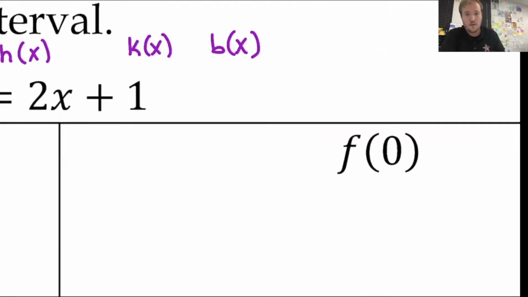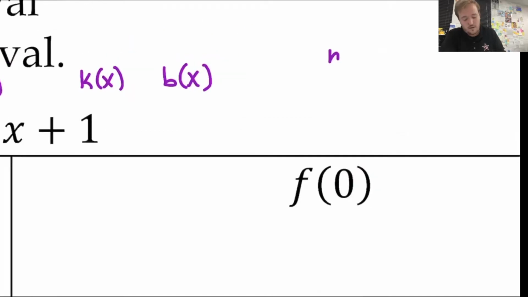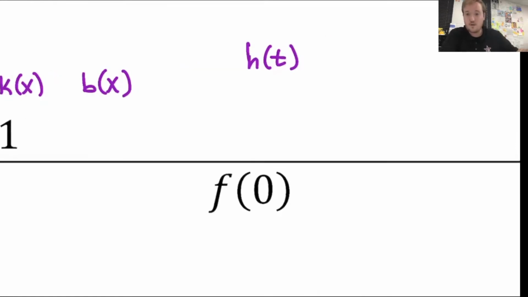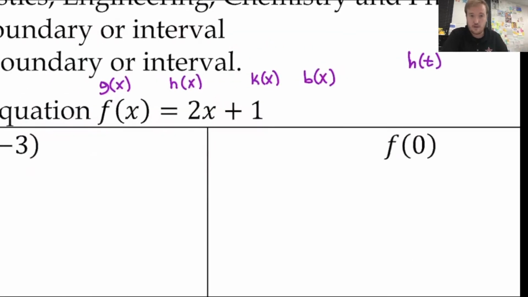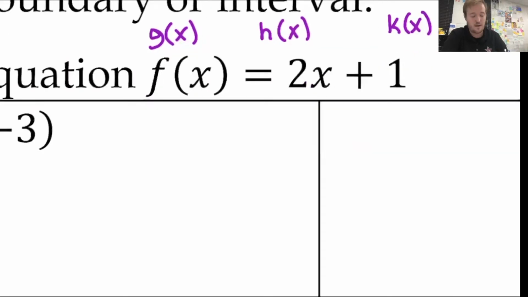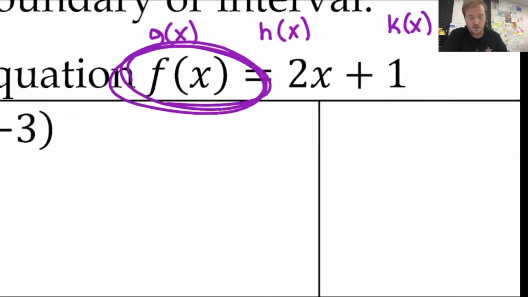Or you could even mix up the variables. So you could even say h of t. H of t is going to be used in a later lesson for height with respect to time. So you could use any sort of different combinations of letters, but I will say f of x is the prominent and most common one.